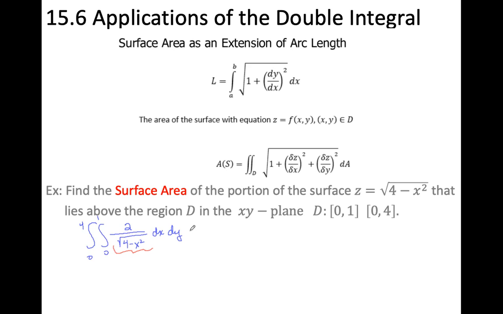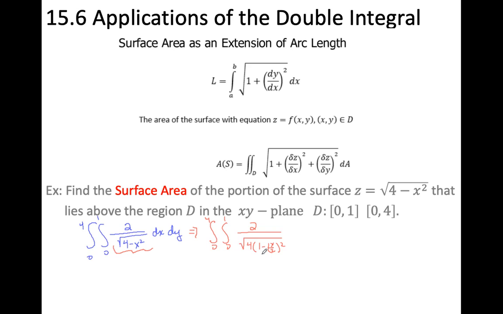But with a little algebra, and we did problems like this in BC, factor the 4 out, and you get 1 minus (x over 2) squared. Factor the 4 out here. 4 over 4 is 1. x squared over 4 is the same as x divided by 2, squared.